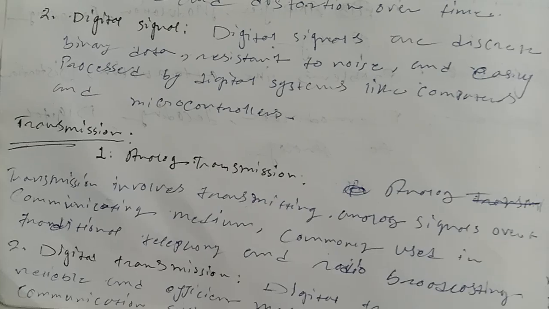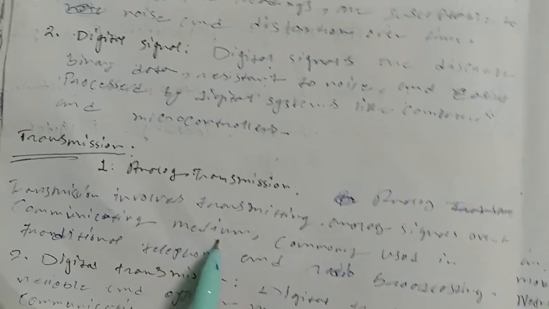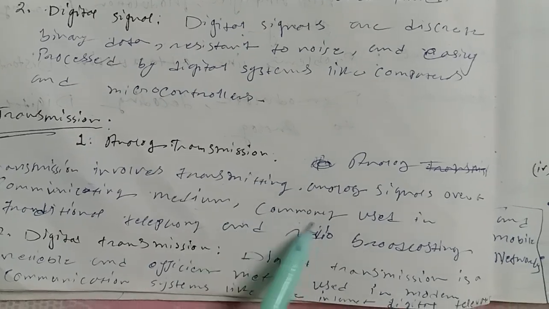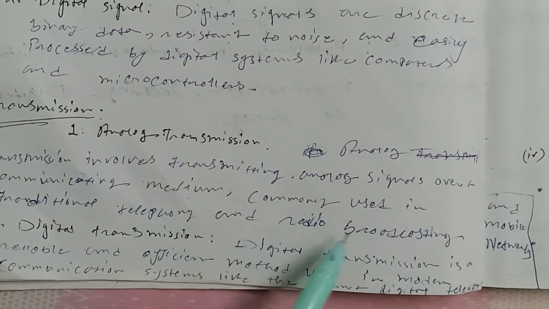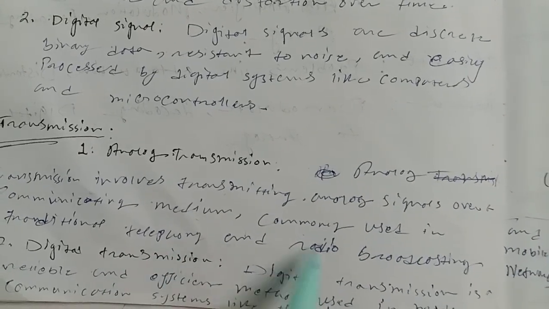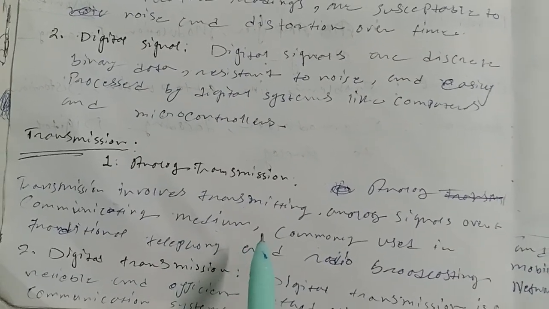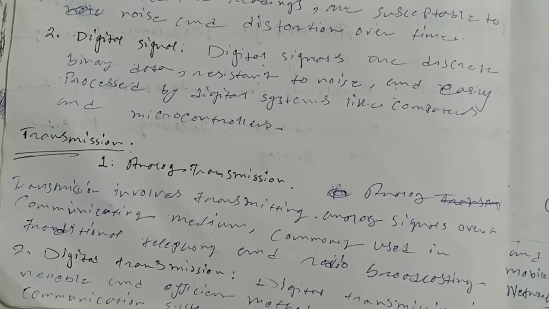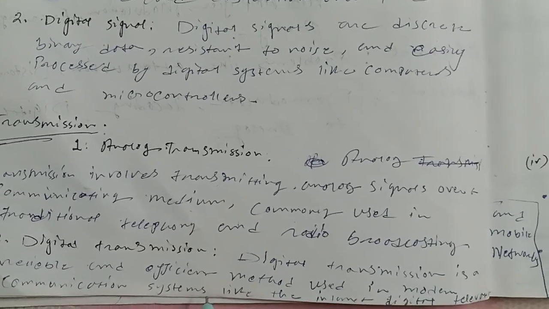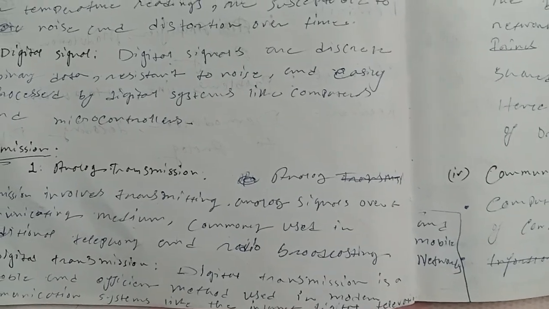So let's see the transmission. There are two types of transmission: analog transmission and digital transmission. Analog transmission involves transmitting analog signals over a communication medium, commonly used in traditional telephone and radio broadcasting. And what is digital transmission? Digital transmission is a reliable and efficient method used in modern communication systems like the internet and digital televisions.